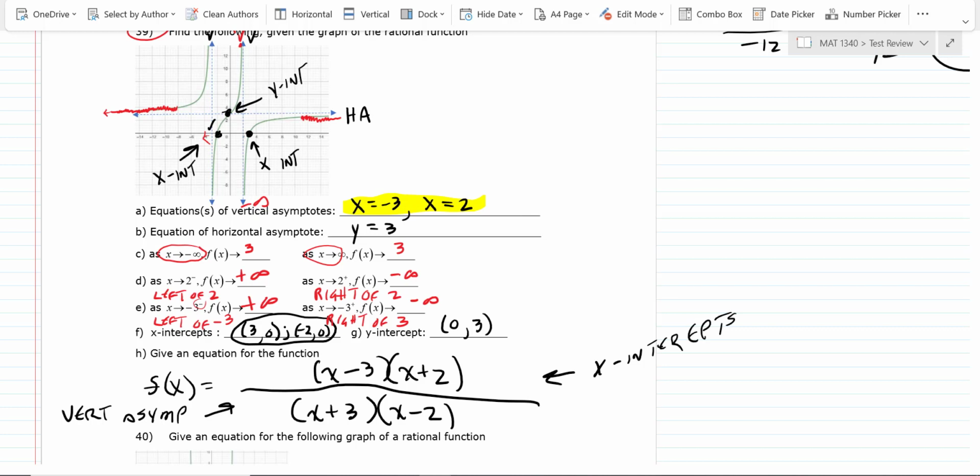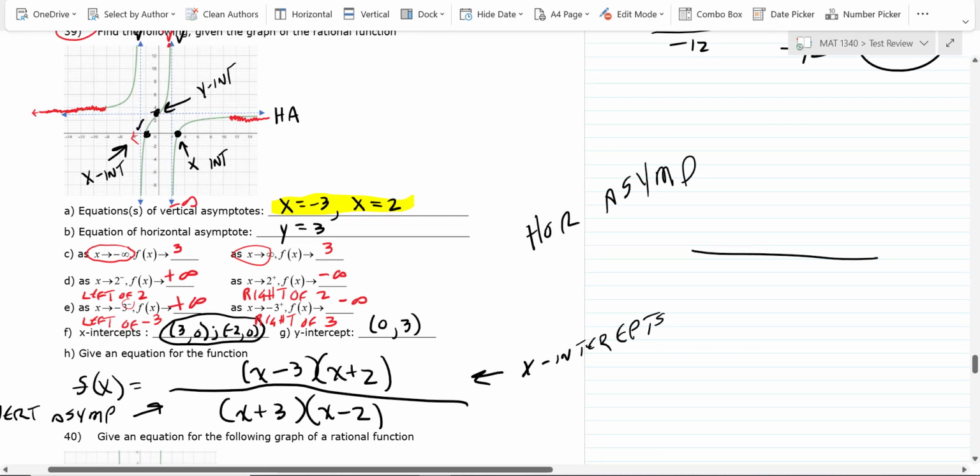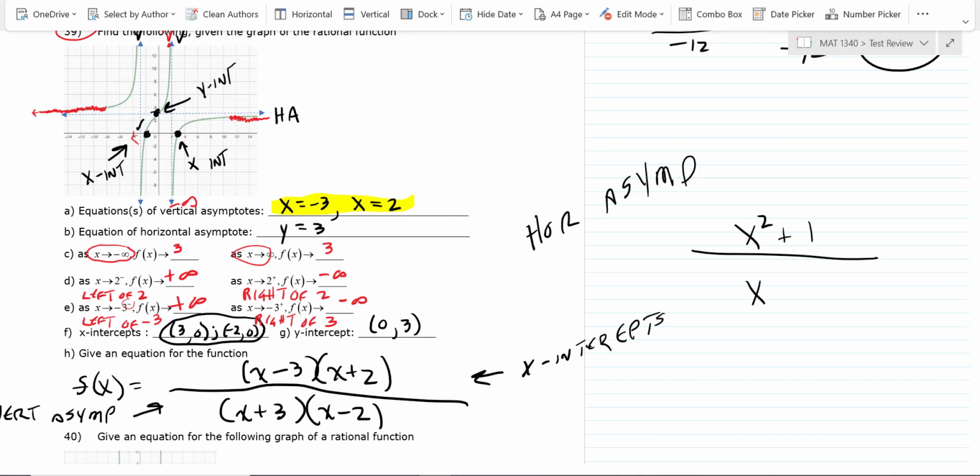So now, what else do we got? Well, the other thing we have is the horizontal asymptote. So the horizontal asymptote, you have to kind of go back to this situation here. If the degrees are equal, you don't need to write this down, I'm just kind of reminding you of something, okay? If the degrees are equal, then remember the leading coefficients would give you that horizontal asymptote.